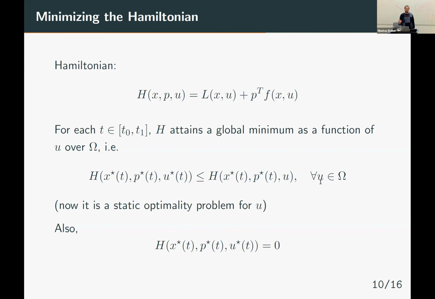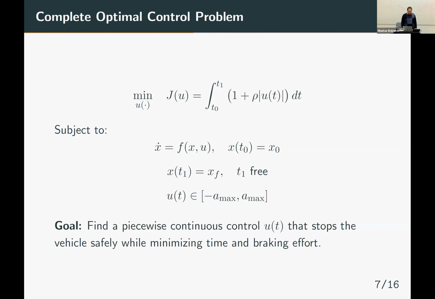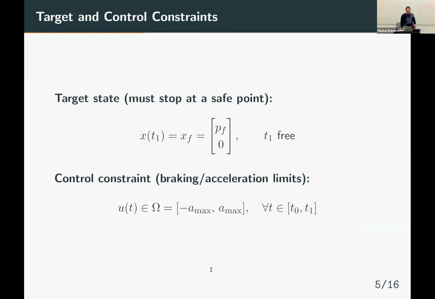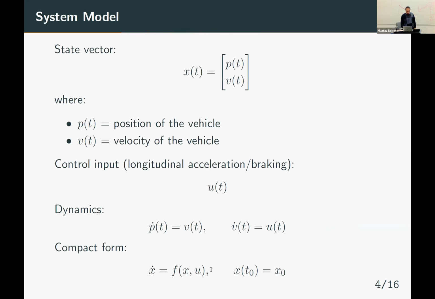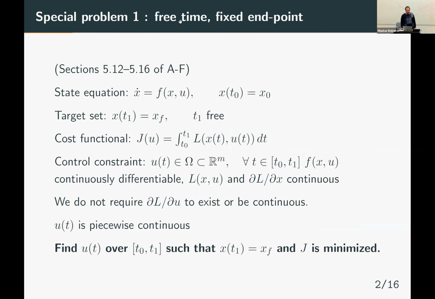And this is going to be a static optimality problem. It's not going to be dynamic, meaning we are not going to solve it using differentiation. This is the key difference. And there is also another condition. This condition, H equal to 0, is related to special problem 1, when we have free time and fixed endpoint.